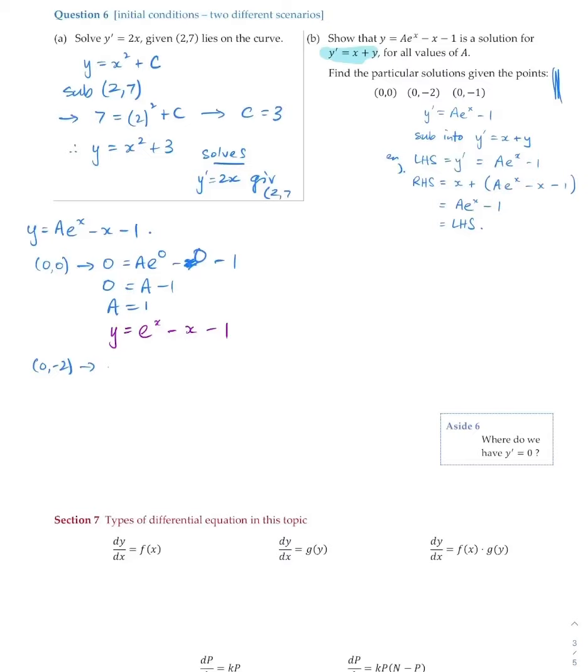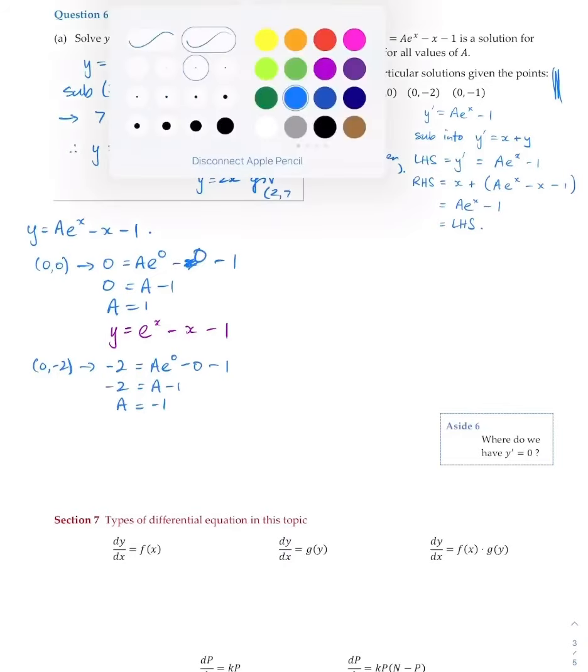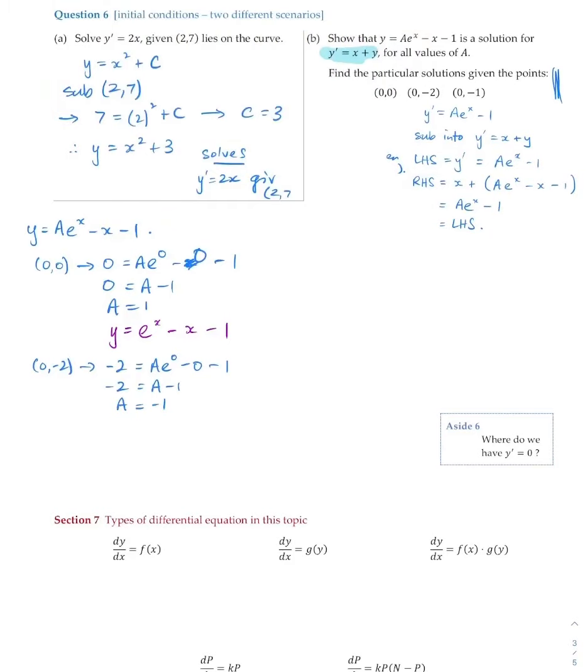So negative 2 equals a e to the 0 minus 1. So negative 2 is a minus 1. A is negative 1. And so when a is negative 1, y equals negative e to the x minus 1.